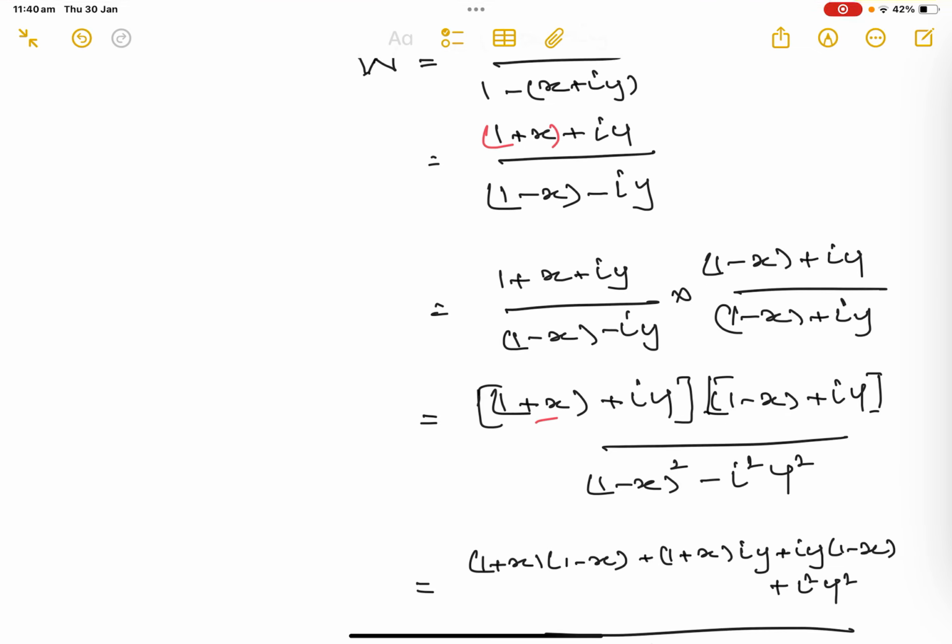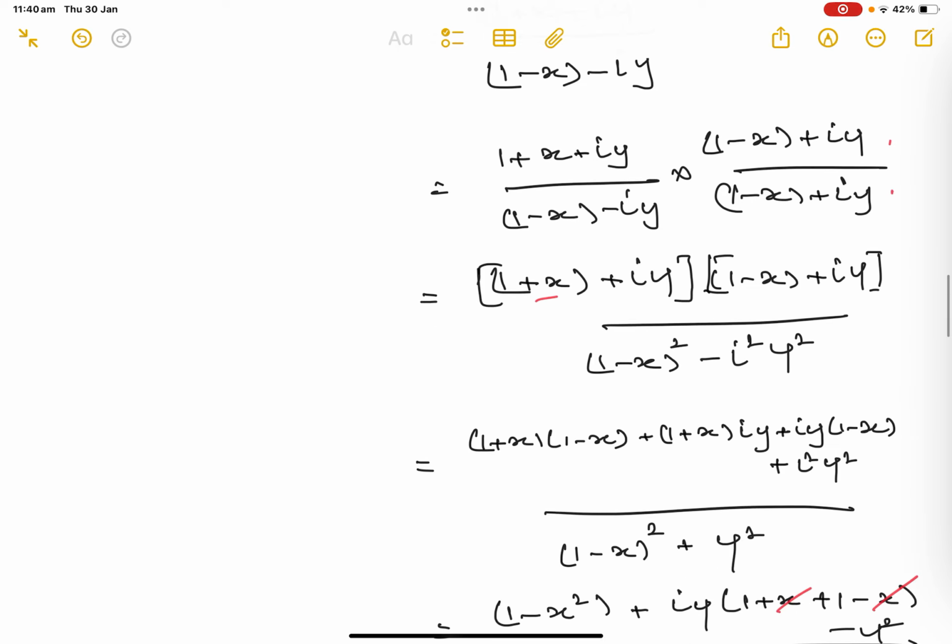We have a complex numerator and a complex denominator. So in order to deal with this one, we have to multiply top and bottom, numerator and denominator, by the conjugate of the denominator. The conjugate of the denominator is 1 minus x plus iy. So we are multiplying top and bottom by that.